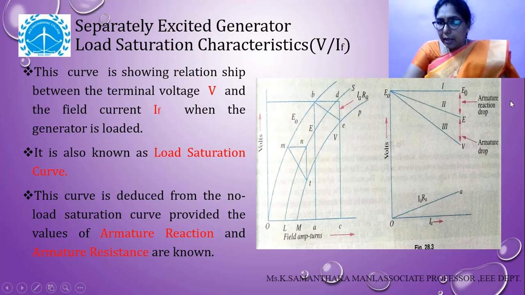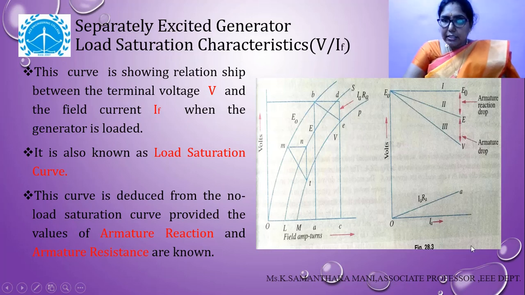By deducting the armature reaction drop, we get the next characteristic, E, which is the voltage induced in the armature after deducting the armature reaction drop. Then, after subtracting the armature voltage drop, IARA drop, from E, we get B here.